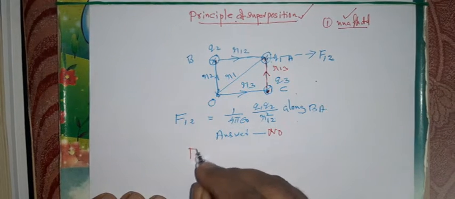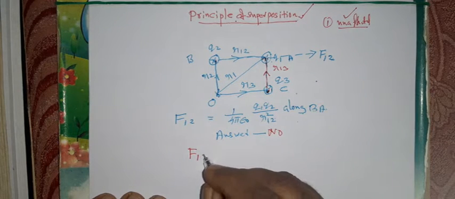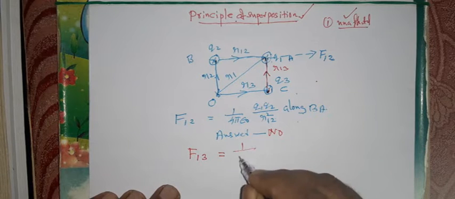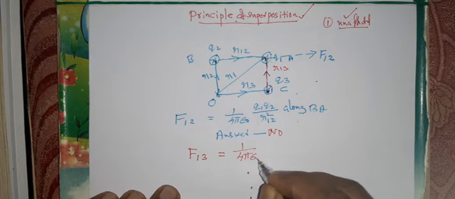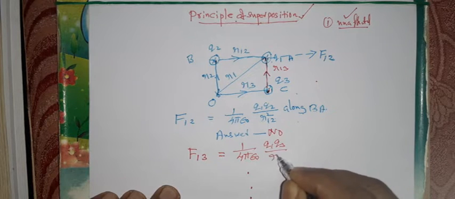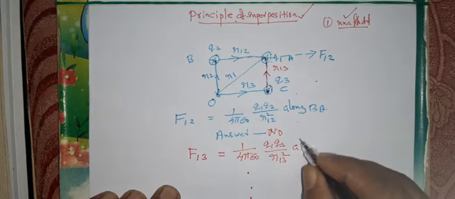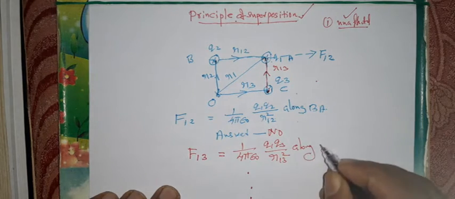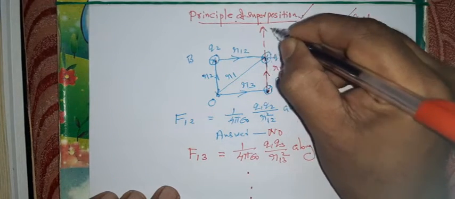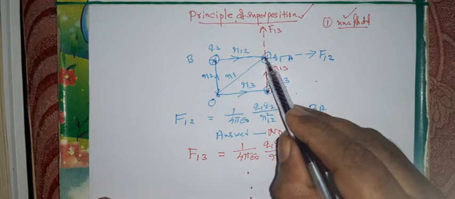Therefore, the force exerted by Q3 on Q1 can be written as F13, that's equal to 1 by 4 pi epsilon 0 into Q1 Q3 by R13 square, and is directed along CA. This is F13. Now, two forces are acting on Q1.